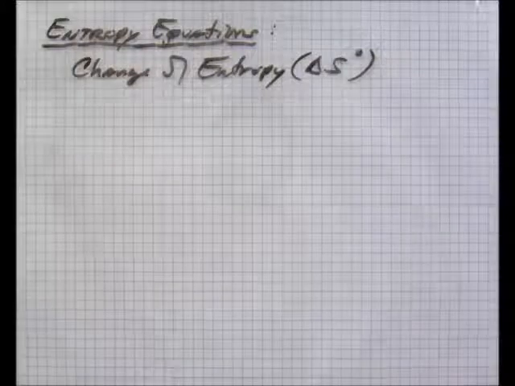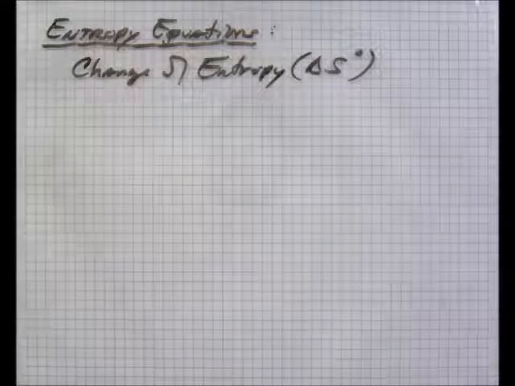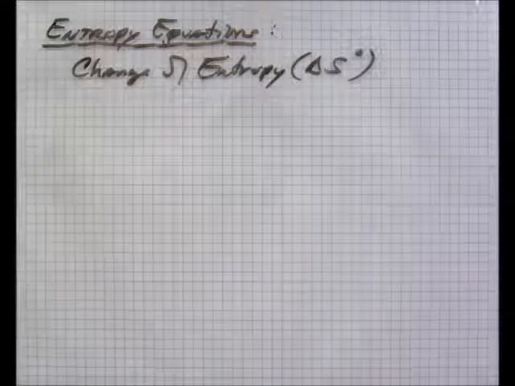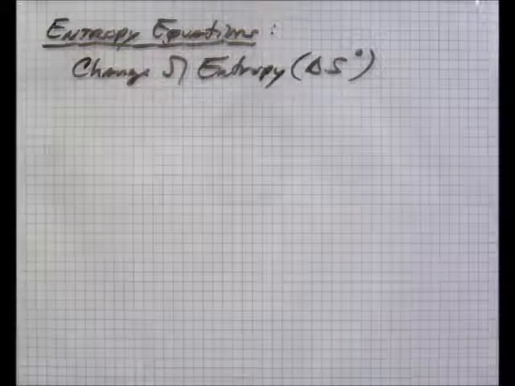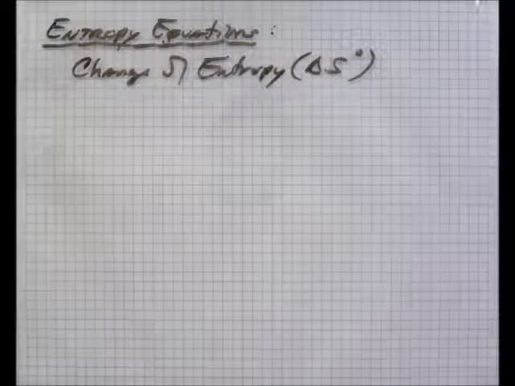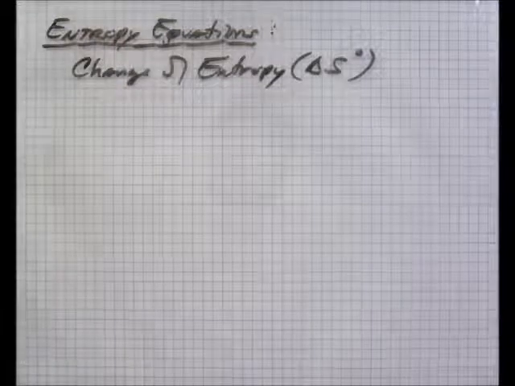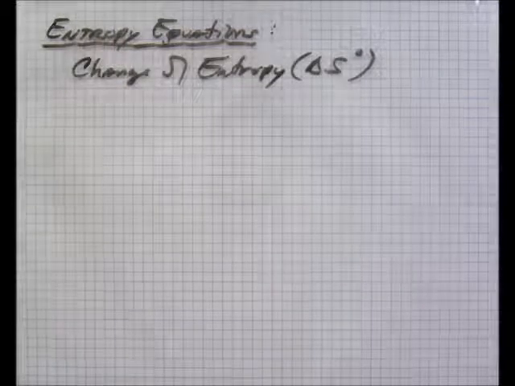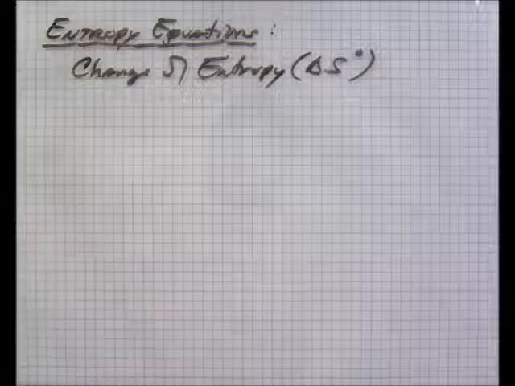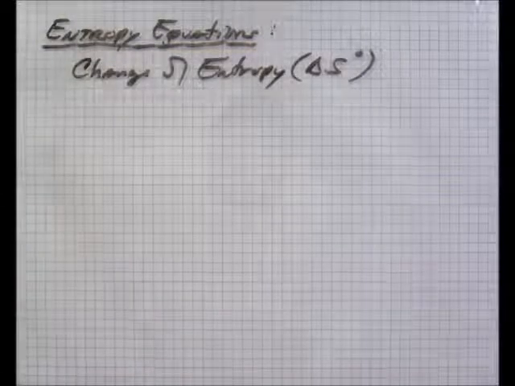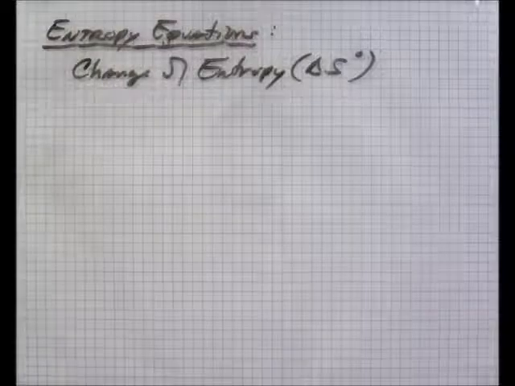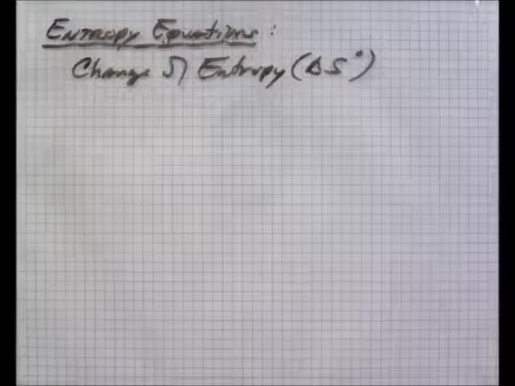So how can I change the order of something? Well, one way is heat. I can add heat to a system, a bunch of gas particles. They would move further apart, because when you heat a gas, it expands. Volume gets larger. We learned that from Charles' law: increased temperature, increased volume.